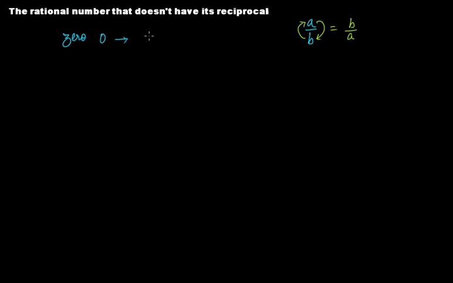Now, a number 0 can be written as 0 over 1. We have learned this. We can represent the number 0 as a rational number. It can be written 0 over 1, 0 by 2, 0 by 3, and so on, because it doesn't matter by what number you divide 0 with, the result will always be 0. Let's choose 0 divided by 2. If I write this number 0 as 0 by 2, then what will be its reciprocal?